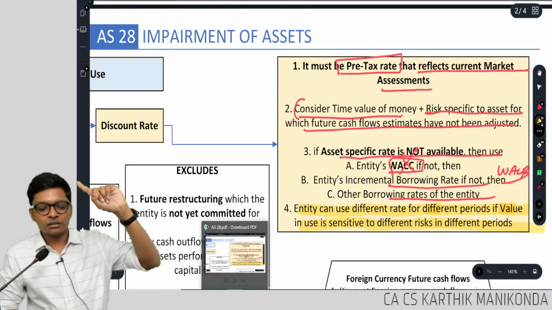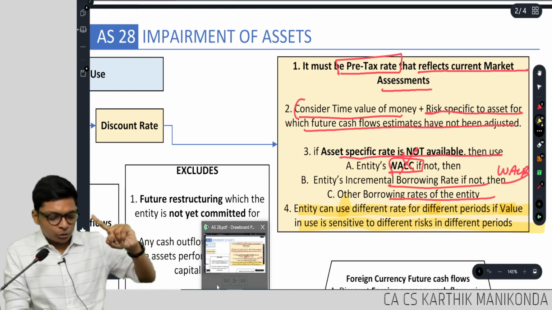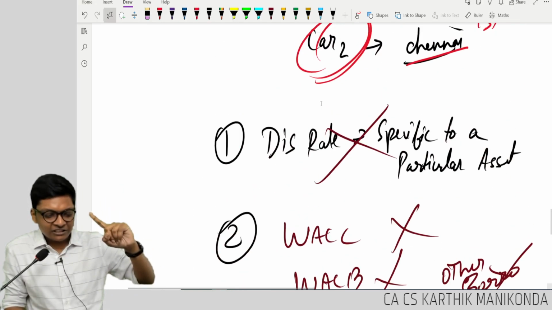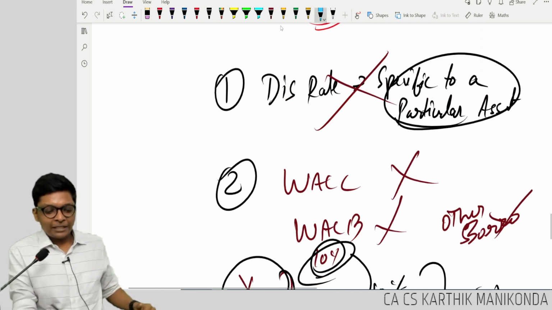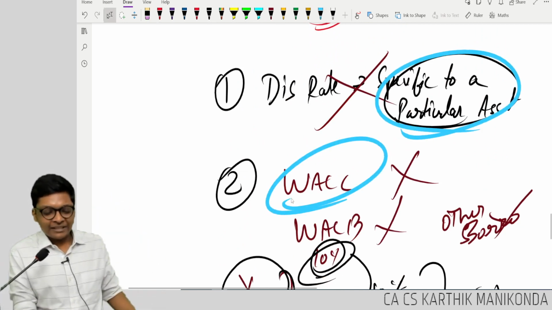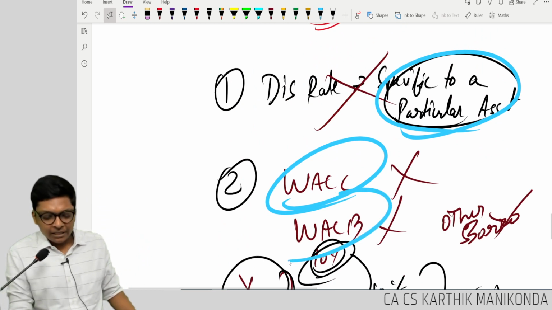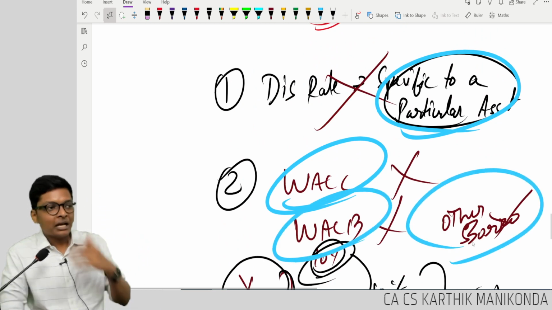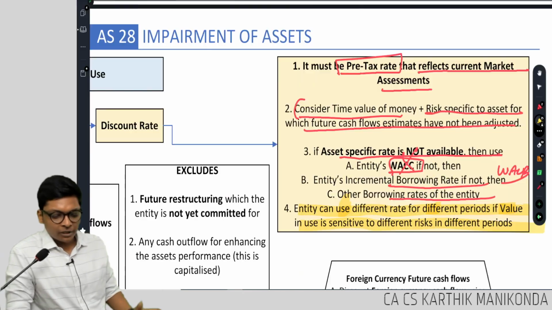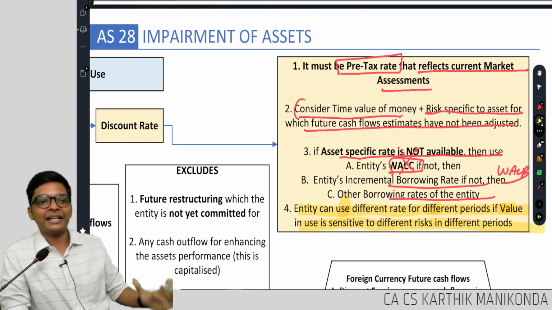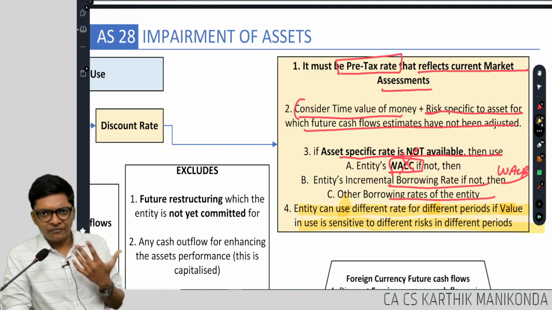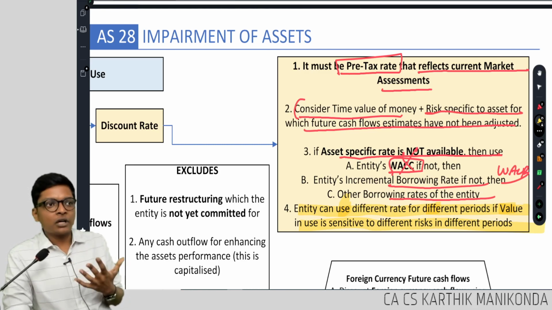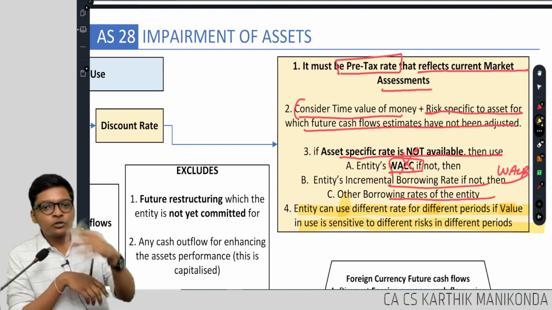First preference, rate specific to the particular asset. Second preference, weighted average cost of capital. Third, cost of borrowing. Fourth, other borrowing rate. That only is given over here. And it's of course pre-tax. Understanding, it's a theory, we don't have sum, but very much they can ask how to confuse you. Give us sum with 2 rates, which rate to pick, that's it.